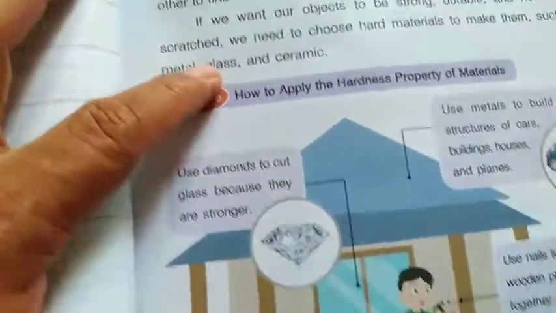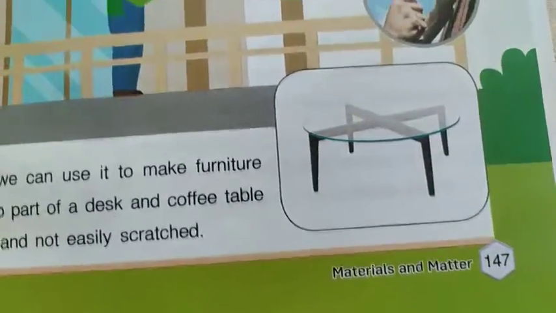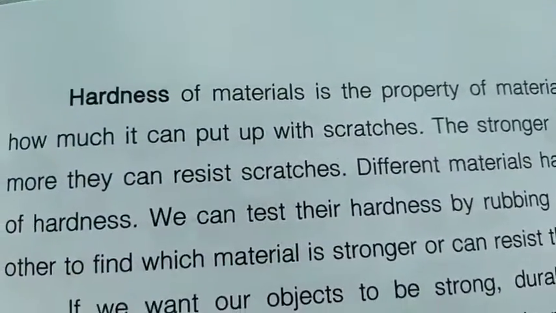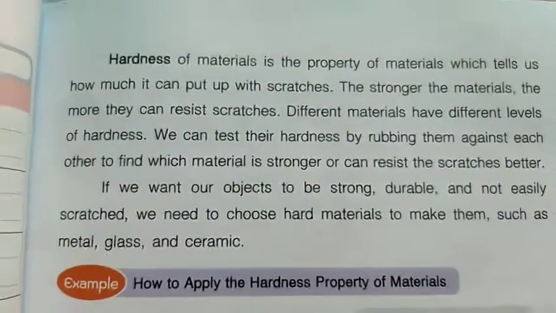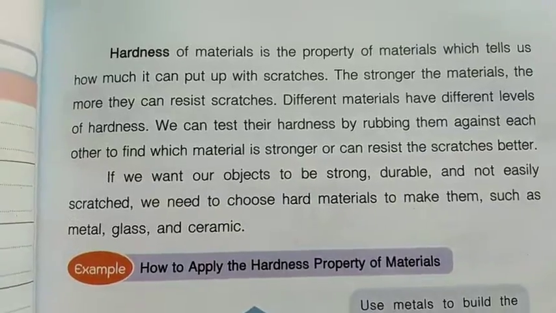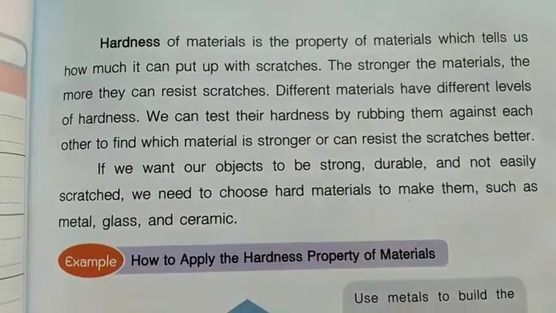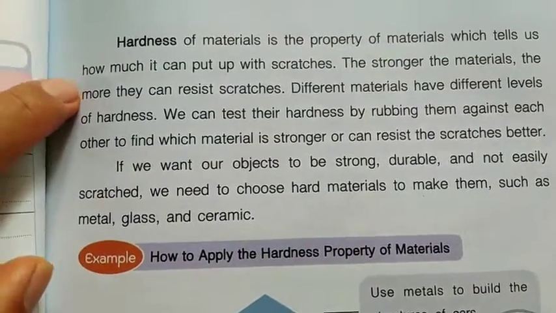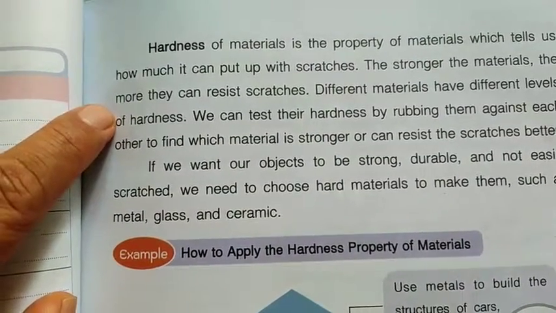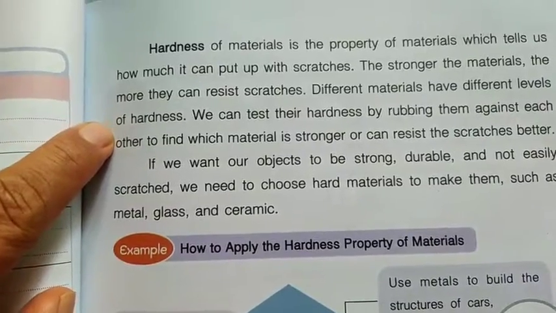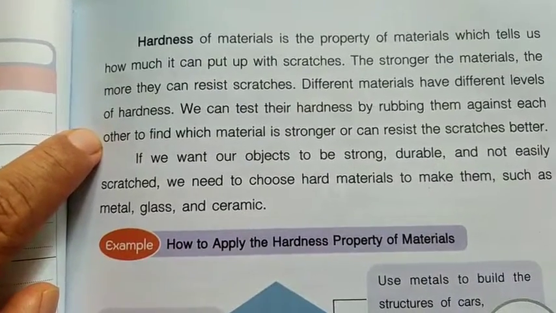So let's understand on page 147 about the hardness of materials. So hardness of materials is the property of materials which tells us how much it can put up with scratches. The stronger the materials, the more they can resist scratches. Different materials have different levels of hardness.